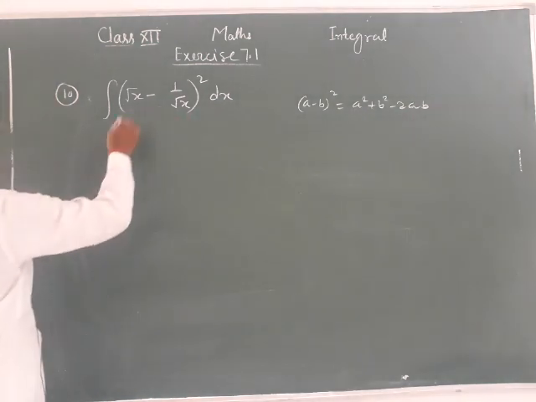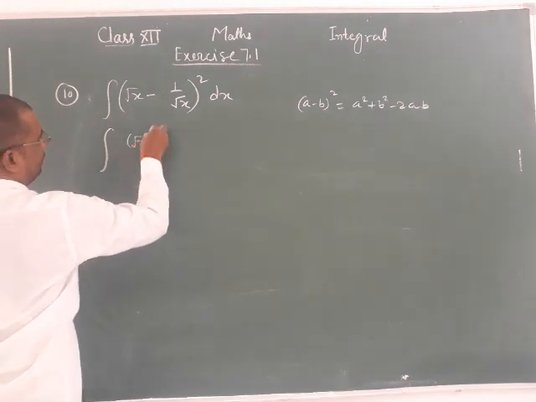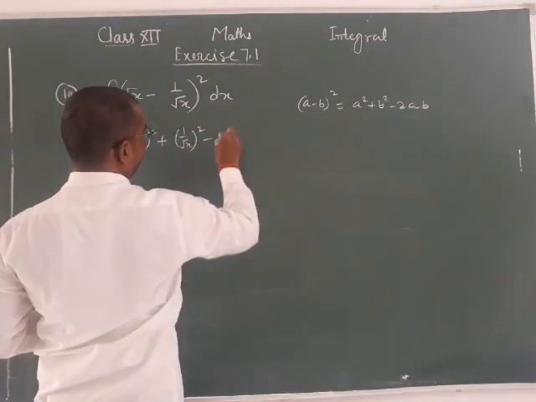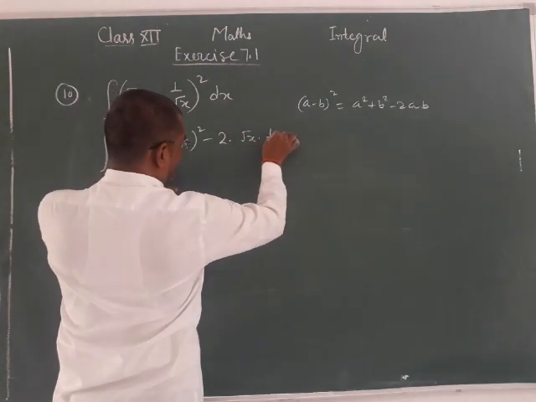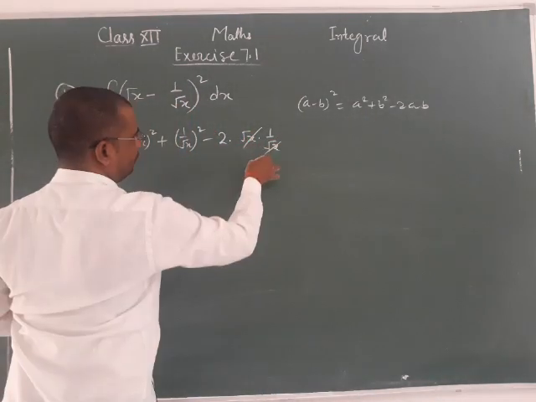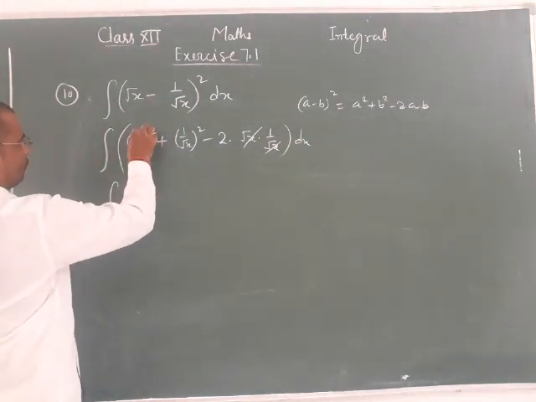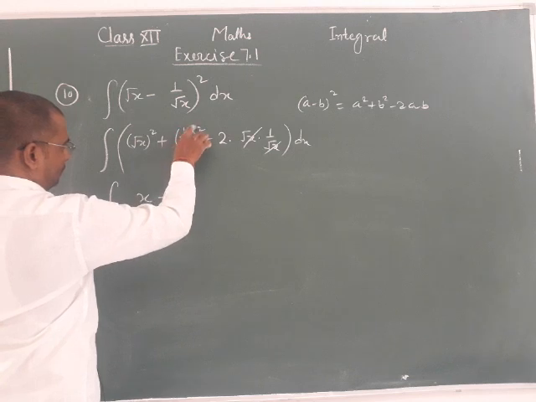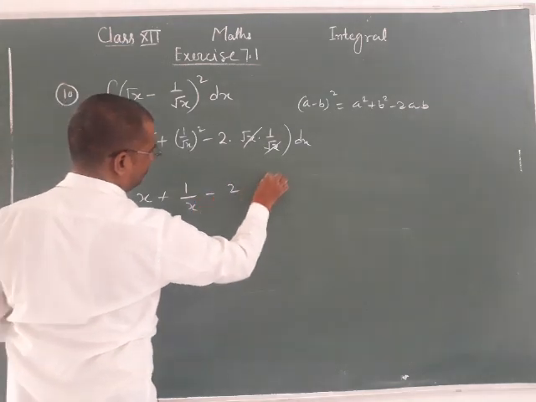According to this formula we can solve the integral of (root x)^2 plus (1 upon root x)^2 minus 2 times root x into 1 upon root x. So the roots cancel out, and dx.